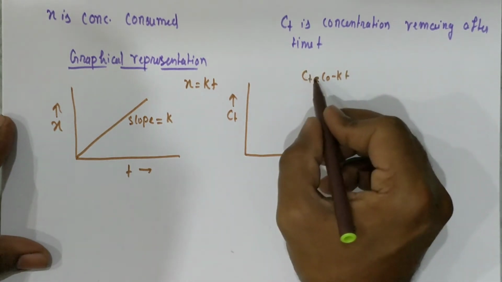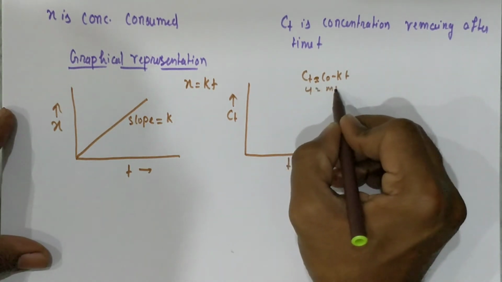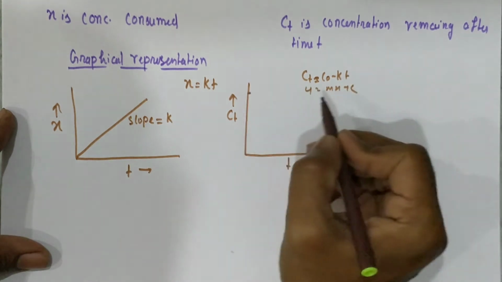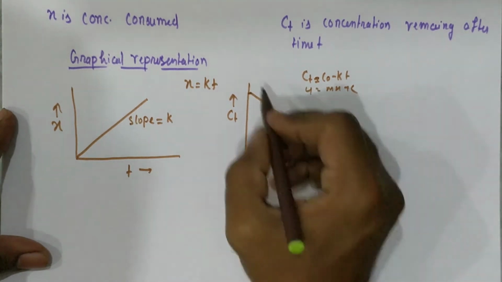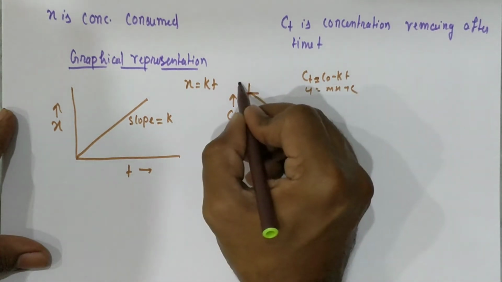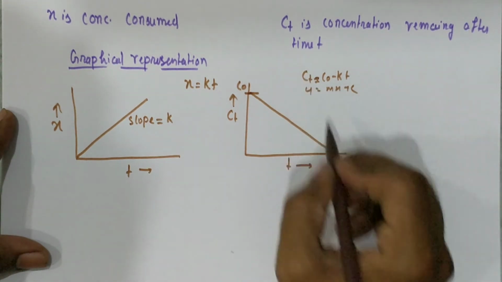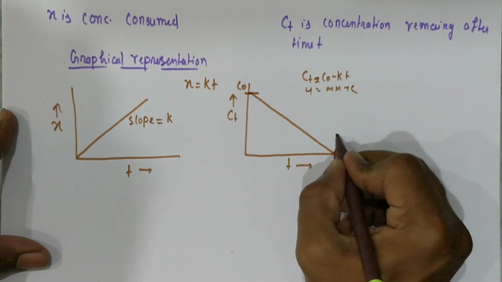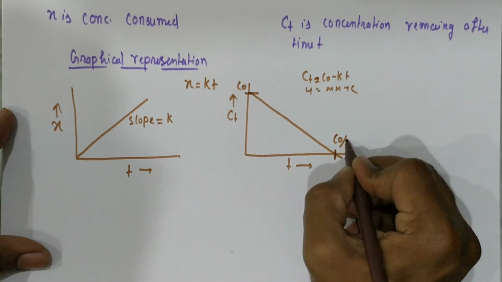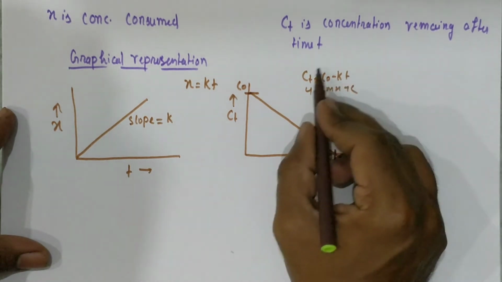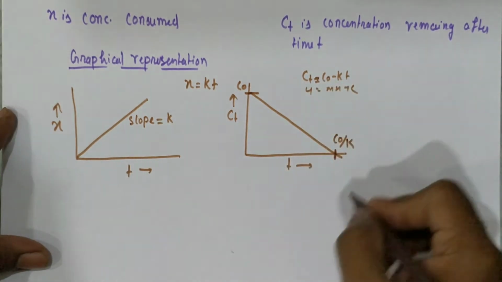Comparing it with the straight line equation y equal to mx plus c, this Ct graph will start from the y-intercept, that is C naught, and the x-intercept, if we take Ct equal to 0, this time will be C naught upon k.